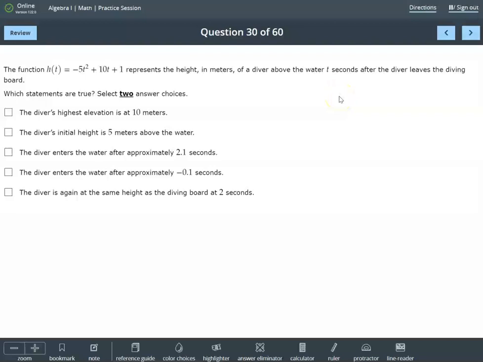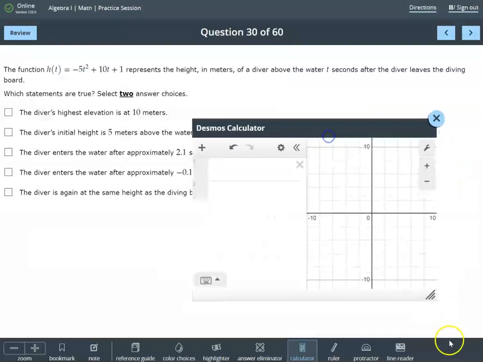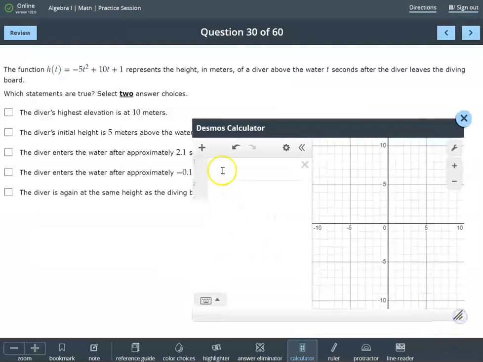The last question we'll look at is question 30, and we're given a function again, h of t, and then we're asked to figure out which of these statements are true. Notice there are 5 statements, and if there are 5 statements, 2 of them will be correct. Click on your calculator, type in your function.